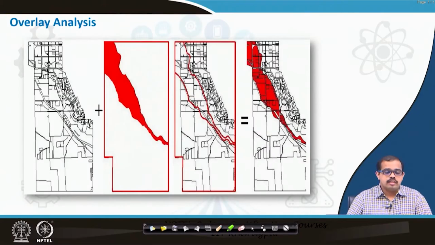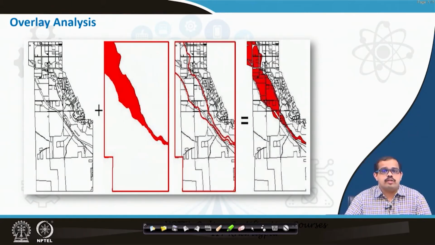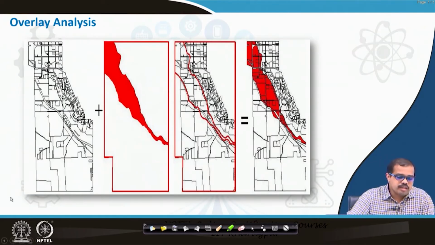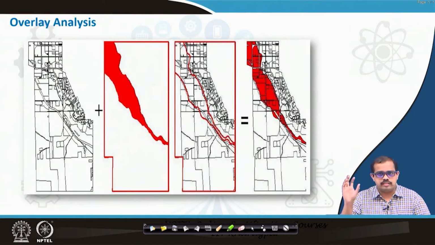Okay. So, just to give you another example, this is one of the examples from one of the research papers. When you look at it, I have ward level boundaries of a particular place. Then I have another vector layer which is giving me the vulnerability region of anything.